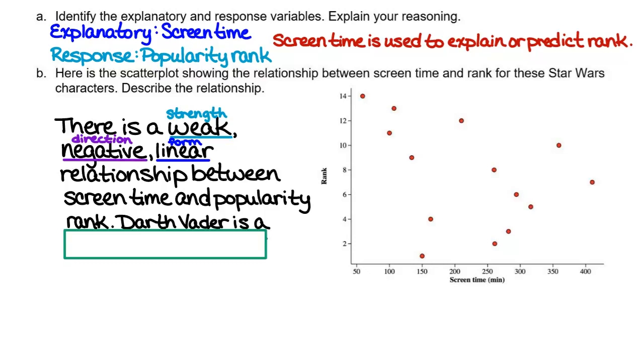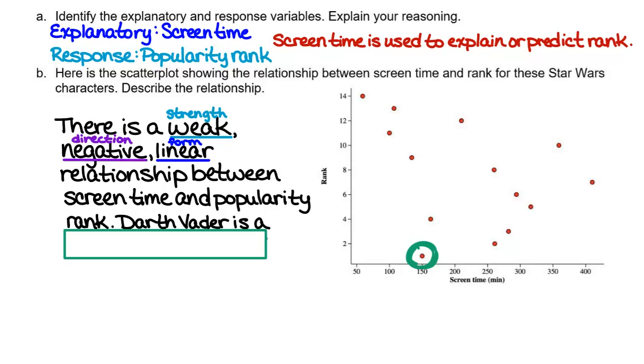Darth Vader. What was Darth Vader's ranking? 1. He is the most popular. How much screen time did he have? 150 minutes. That's way down here. We said that there was a negative relationship with this, that the more screen time you had, the higher your ranking, and the less screen time you had, the lower your ranking, with 1 being the highest ranking and 14 being the lowest ranking.